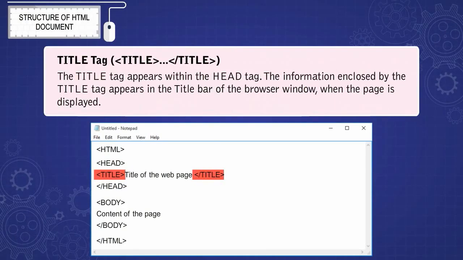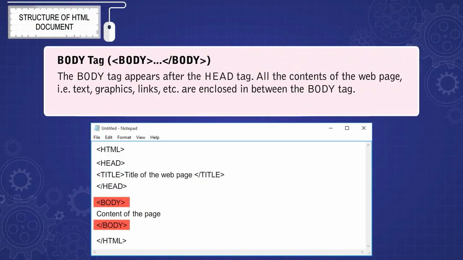Title tag. The title tag appears within the head tag. The information enclosed by the title tag appears in the title bar of the browser window when the page is displayed. Body tag. The body tag appears after the head tag.